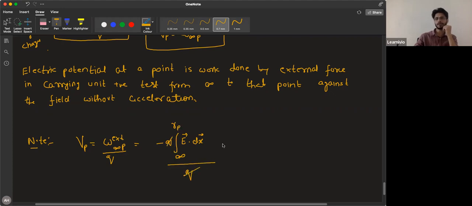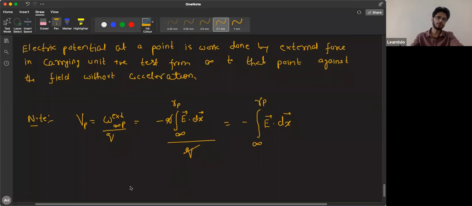You can cancel this q with q and you are left with minus the integral from infinity to the position vector of P of E dot dr. So this is again a relation between potential and field: potential is minus the integral from infinity to r_P of E dot dr.